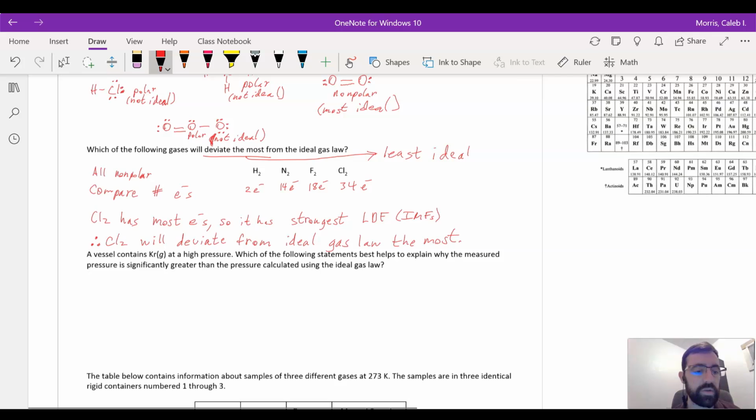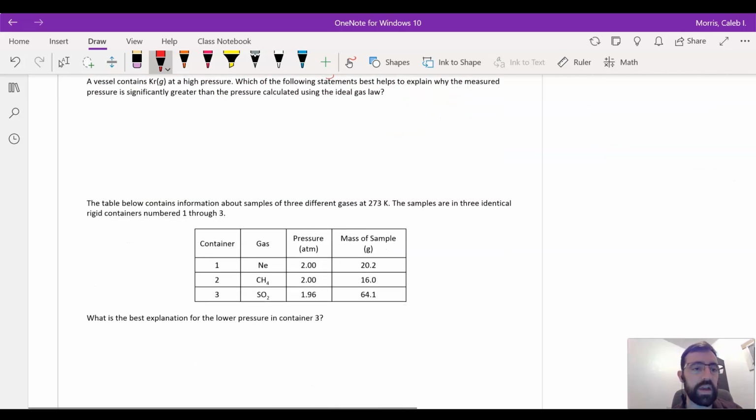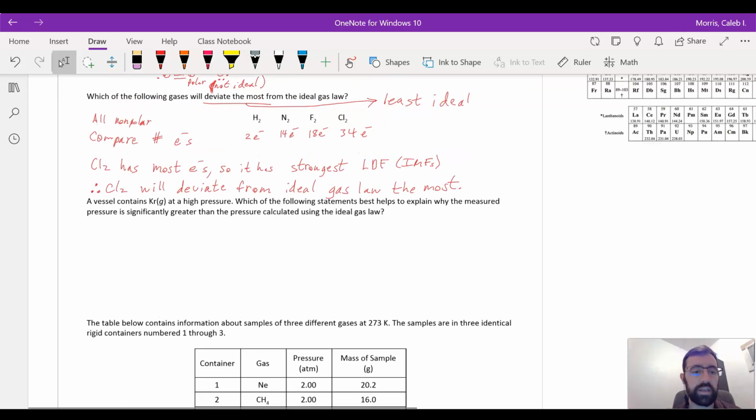All right, our next one says a vessel contains krypton gas at high pressure. Which of the following statements best helps explain why the measured pressure is significantly greater than the pressure calculated using the ideal gas law?